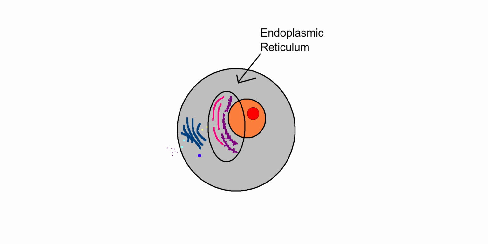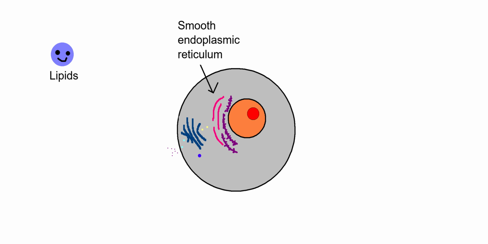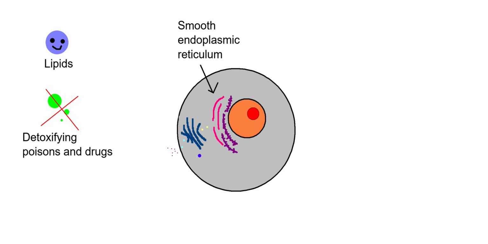They are comprised of two parts: the smooth endoplasmic reticulum, which makes lipids such as phospholipids, steroids, and oils, and also detoxifies drugs and poisons, and stores calcium ions.